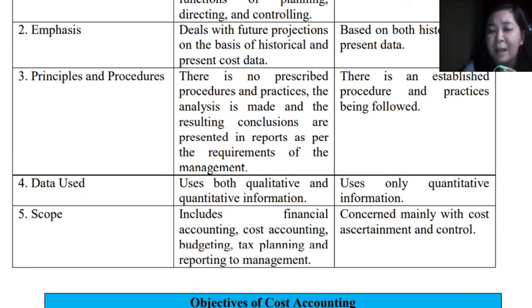So that is why I said earlier that management accounting is considered to be a broader scope, because it uses also other branches of accounting. While cost accounting concerns mainly, again, cost: its ascertainment or determination and how to control it.